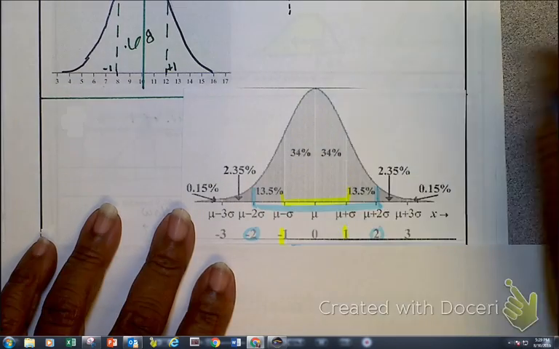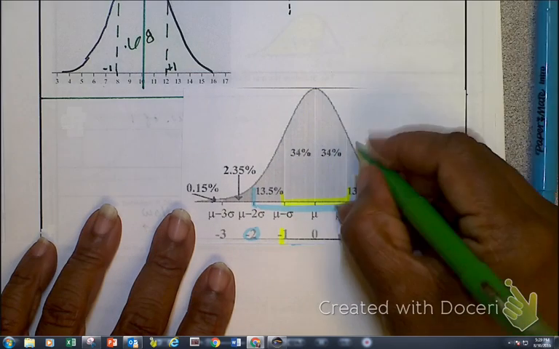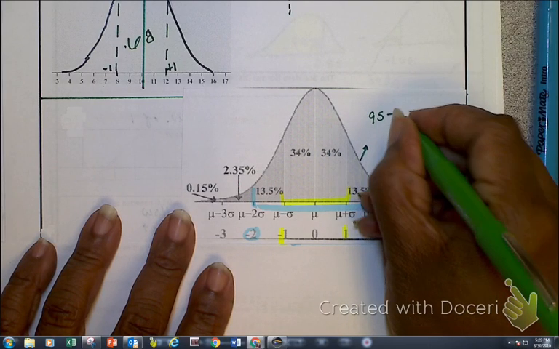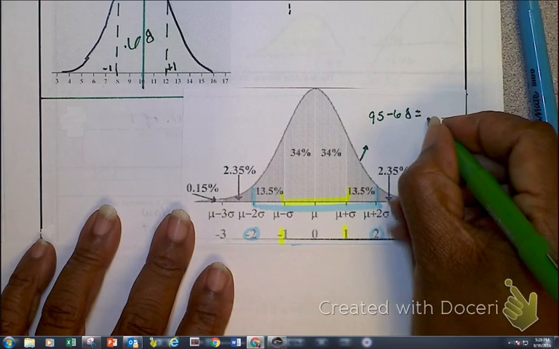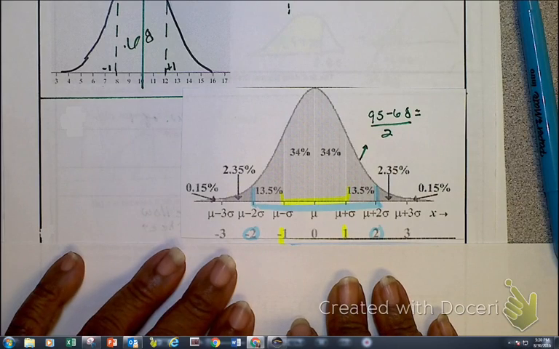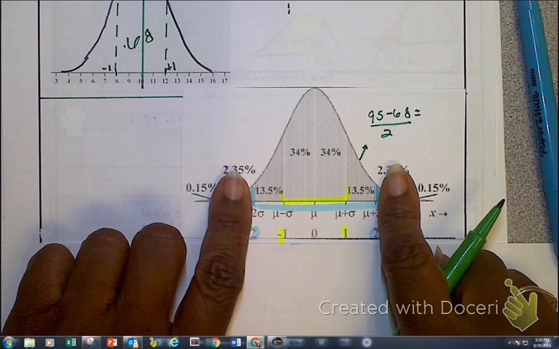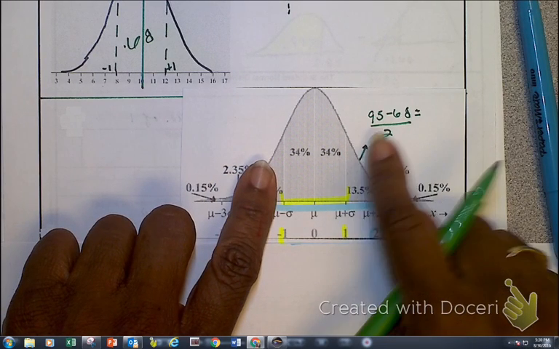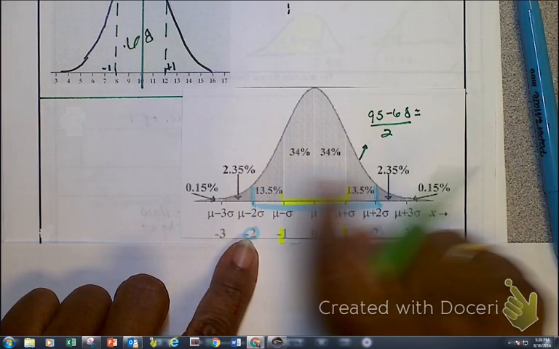So if this middle area is 68, that means that these pieces are 95 minus 68, and then whatever that value is, that's got to be divided by 2. And you might need to rewind that. But think about it. If this whole thing is 95, and this is 68 of it, well, that means 95 minus 68. But then, where is it cut? It's cut into 2 places.